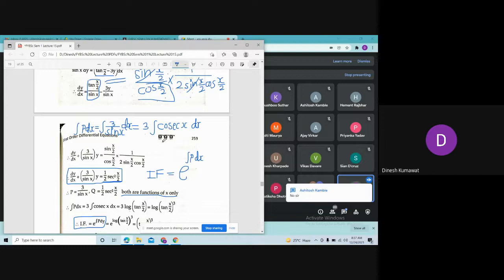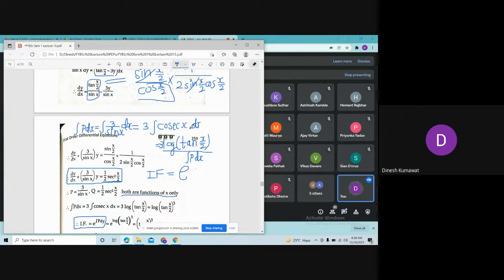Integration of cosec x is nothing but log of tan x by 2. And this 3 is as it is. See how you are going to get this log of tan x by 2?